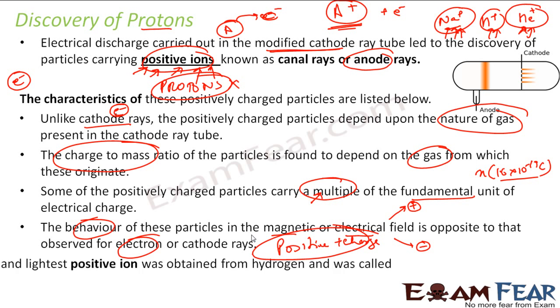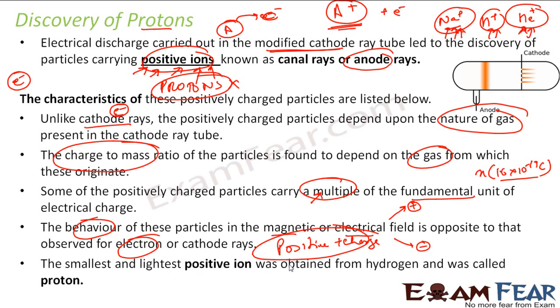And then they did the same experiment for the lightest ion, and they knew the lightest atom is hydrogen. This they knew at that time, right? And for the hydrogen ion, H plus, whatever they got, they called that a proton, because this hydrogen ion has only one proton.